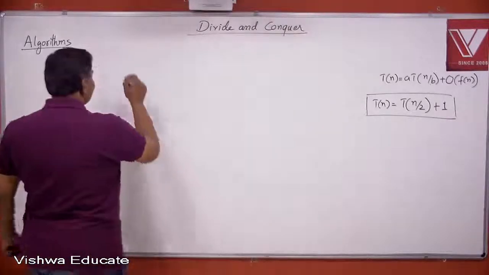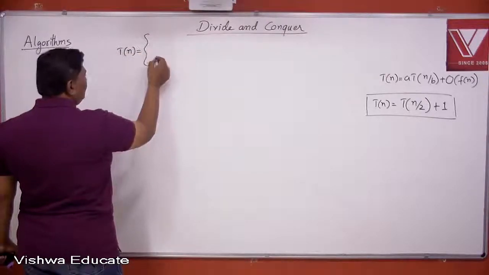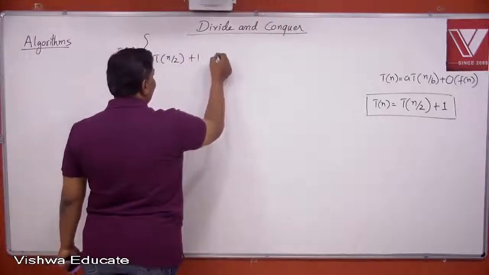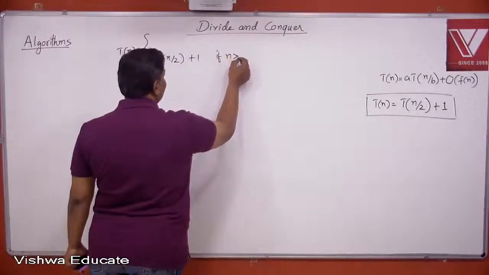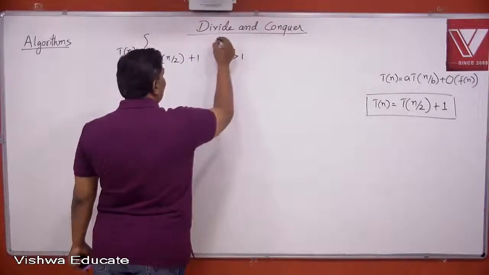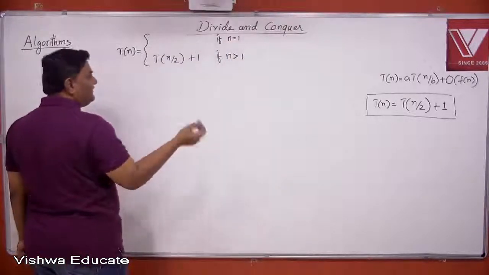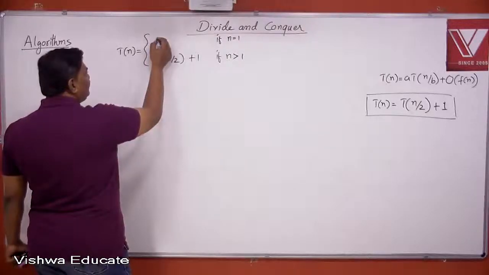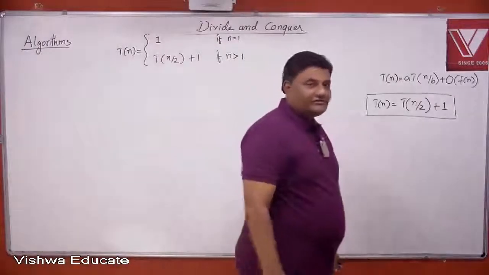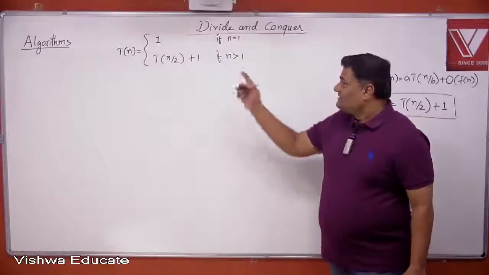That is the recurrence relation. So I'll write here: T(n) equals T(n/2) plus 1, if n is greater than 1. If n is equal to 1, there is only one element, then nothing, it is returning. Let us say 0. Instead of 0, let us write 1. Time is constant. 1 means constant. That also we have to write as an asymptotic value. So it is 1. This is the recurrence relation.